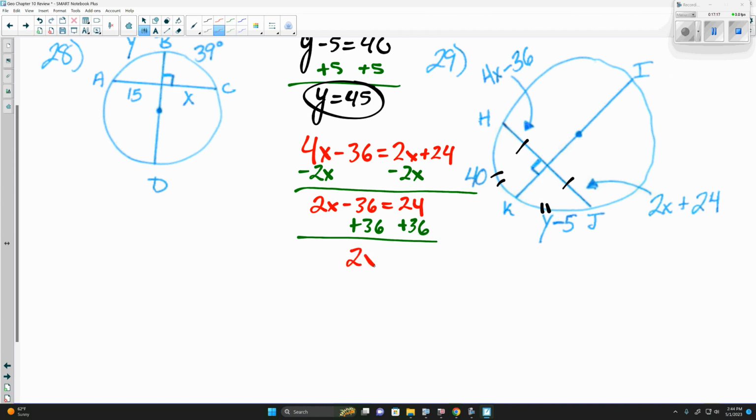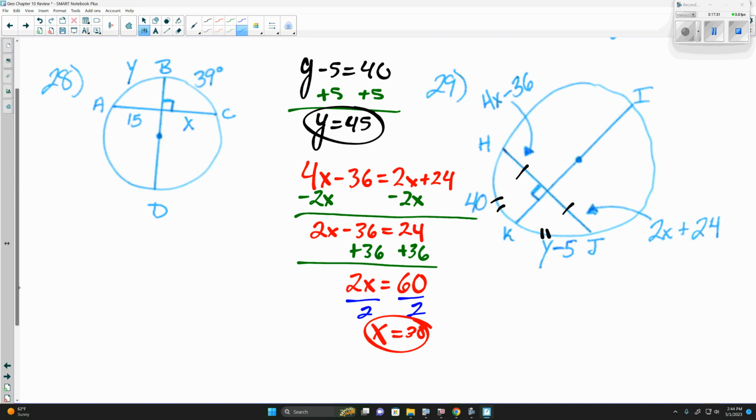Almost. Because 2x would equal 60, x is 30. So y is 45 and x is 30.